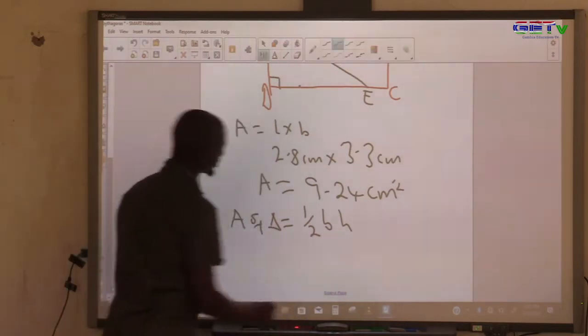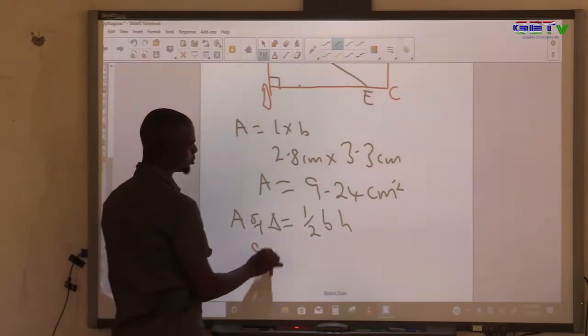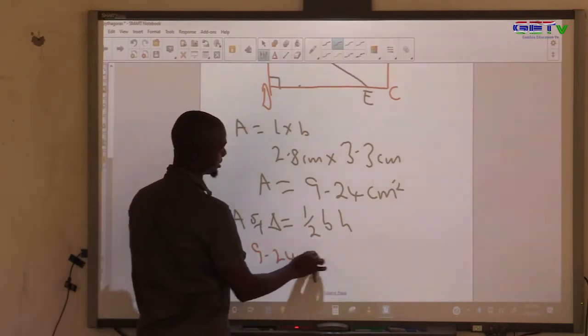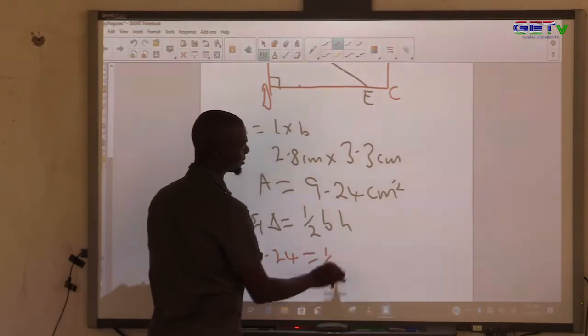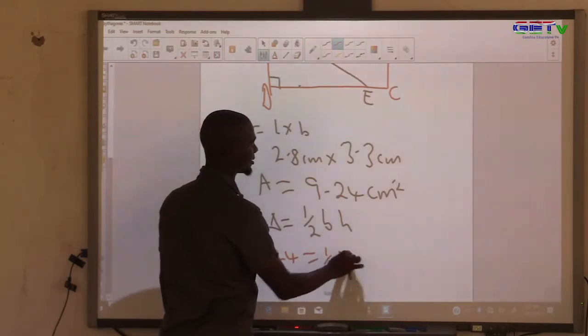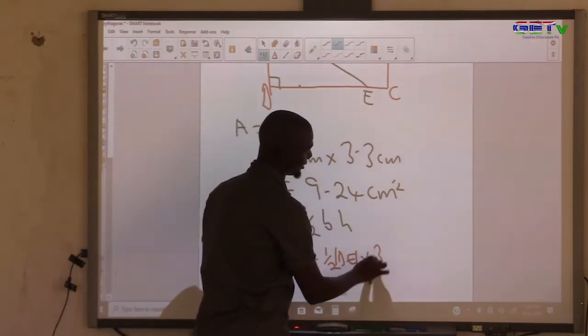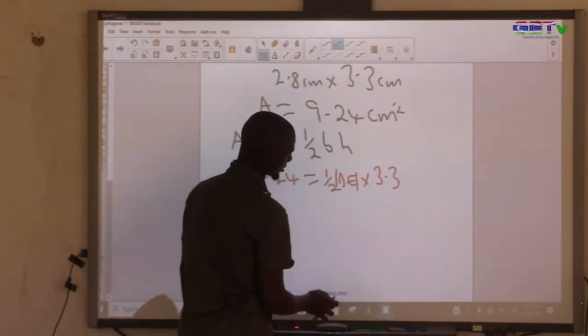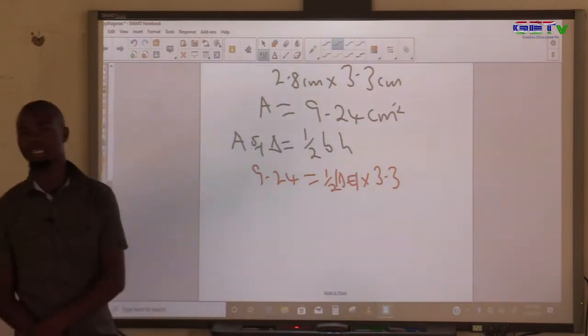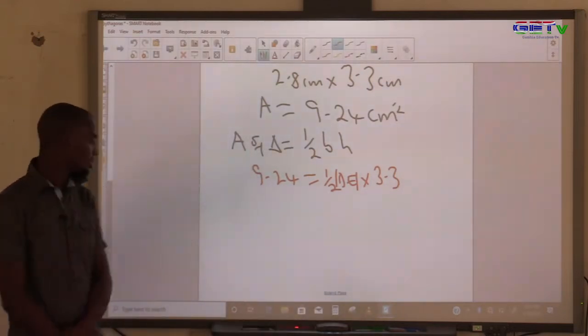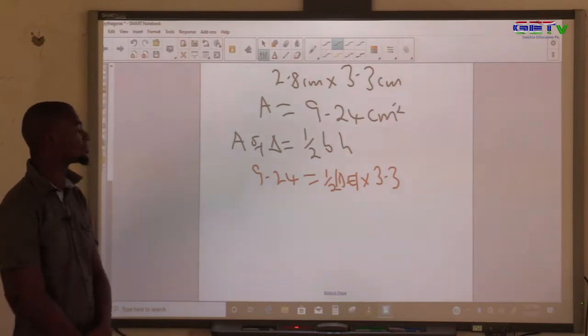So that will give us 9.24 is equals to half base, that is DE, times the height, that is 3.3. What can you do?